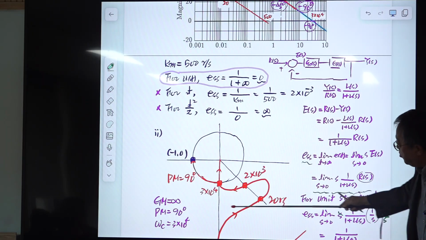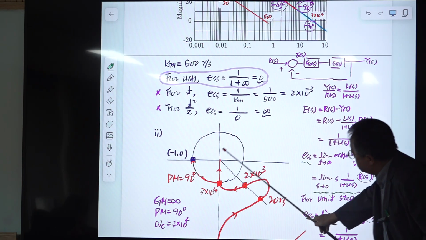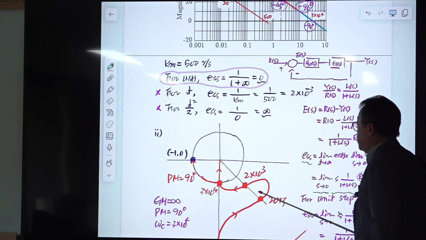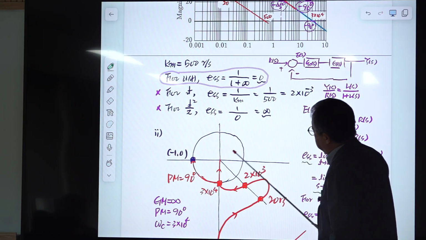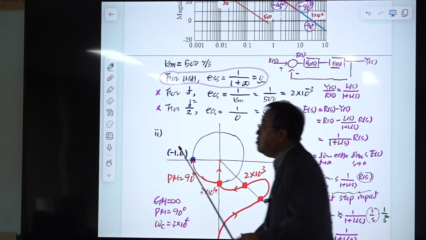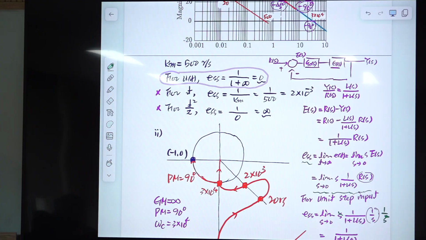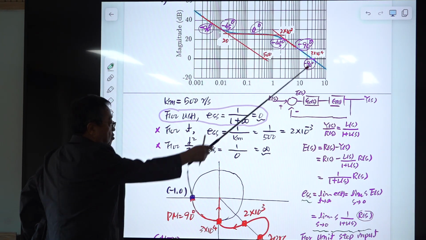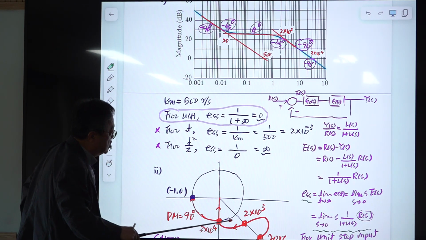So the phase is somewhere here, and at this frequency, 20 radian per sec and 2000 radian per sec, we assume this is 45 from the Bode plot sketch, and when this reduces to 1, it encircles the unit circle.